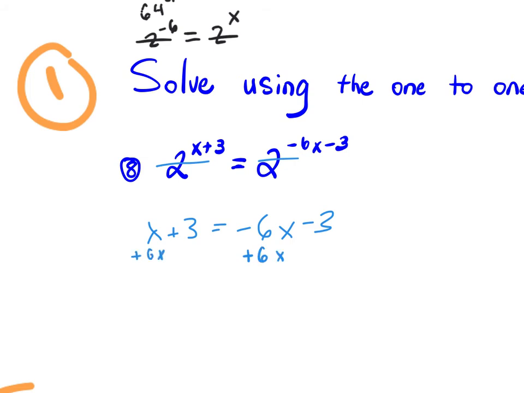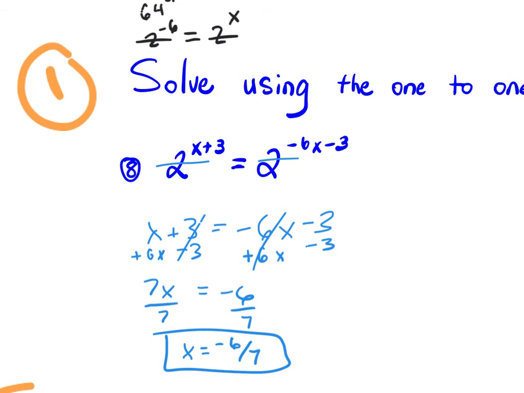So 7x. I'm going to subtract 3 on both sides. 7x is equal to negative 6. Divide both sides by 7. X is equal to negative 6 over 7. Any questions here?